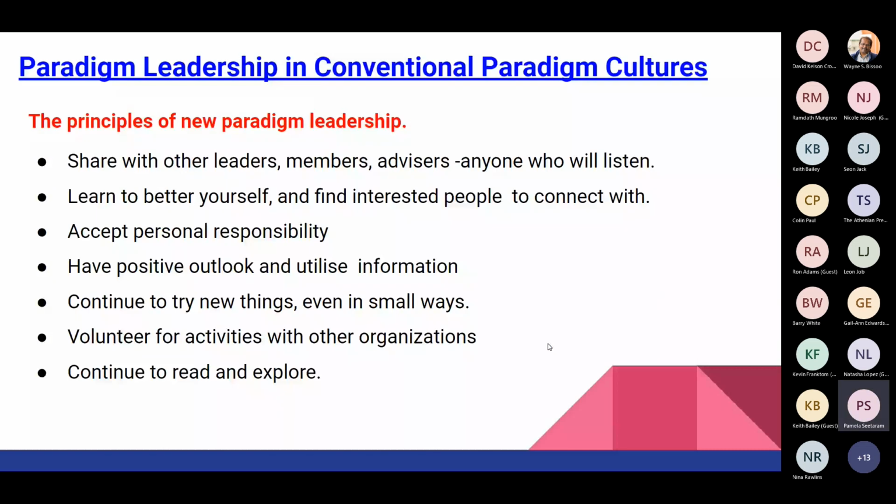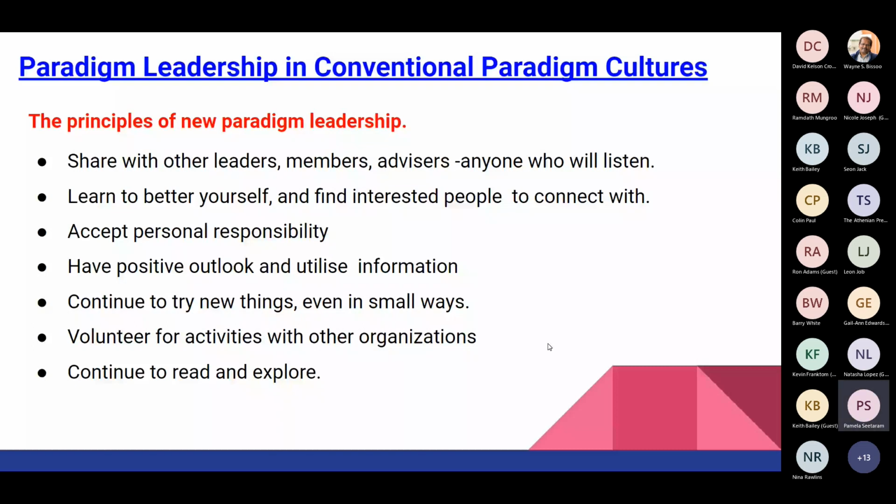Paradigm leadership in conventional paradigm cultures. The principles of new paradigm leadership. In order for these new principles to work, we must first of all share what we know with each other, with other leaders and members of the organization.